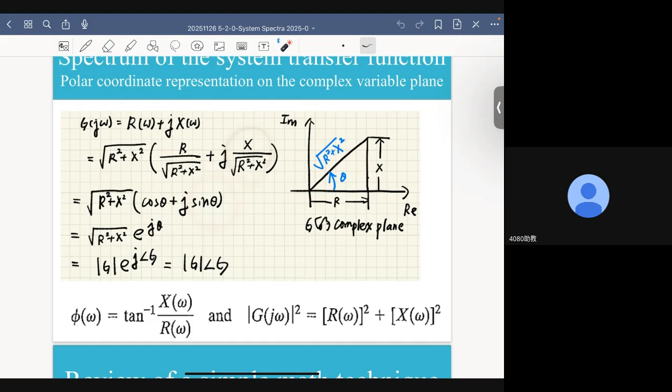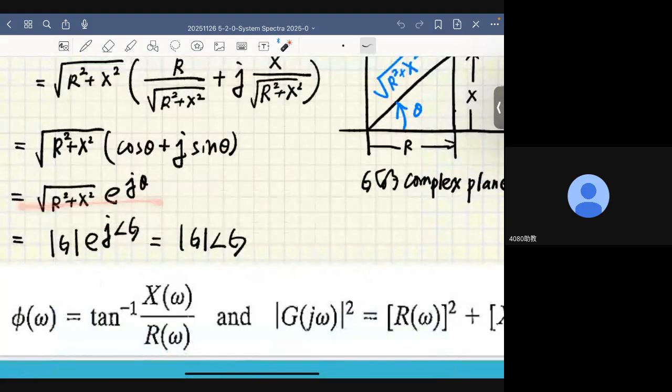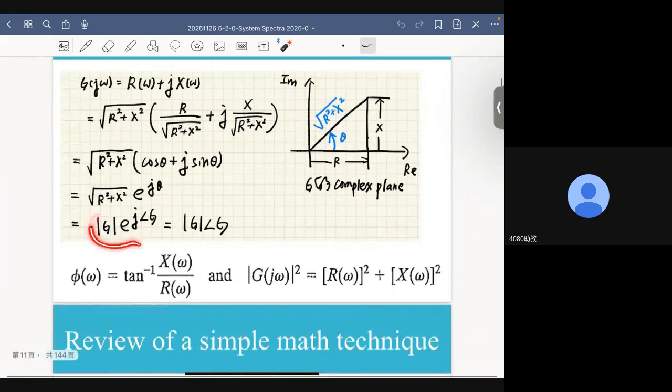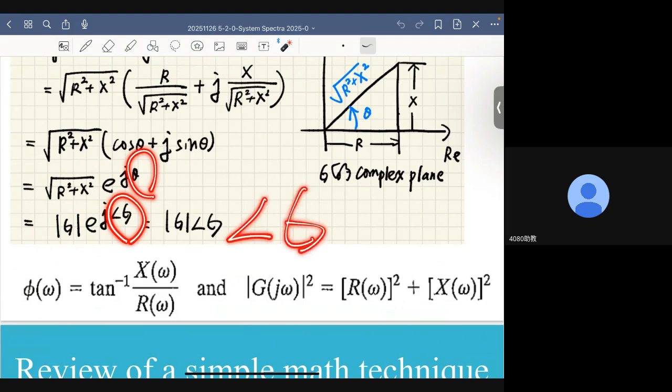And from the Euler formula, we know that e to j theta is actually cosine theta plus j sine theta, all right? So the next step is, let me rewrite this as this. This represents the amplitude spectrum of the transfer function, and this, which is now written as the angle of G, represents the phase spectrum of the system.